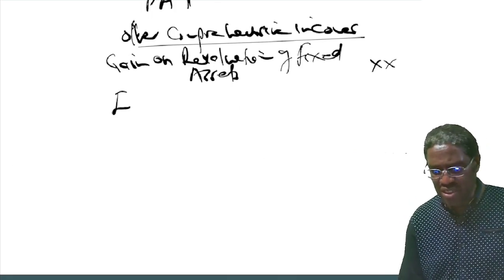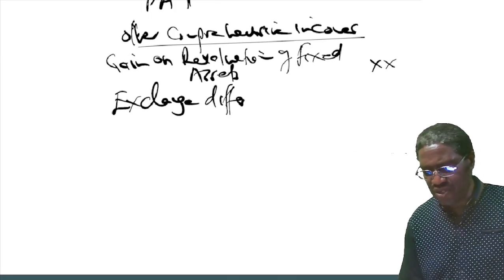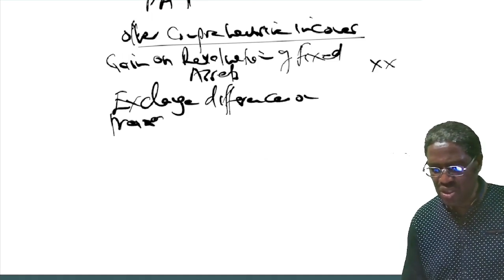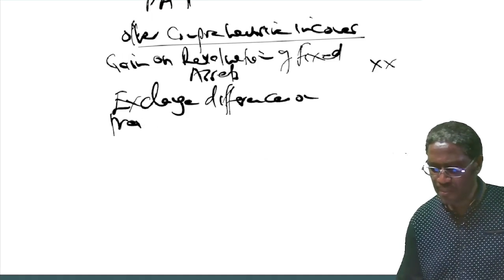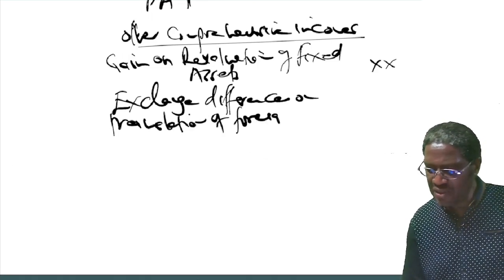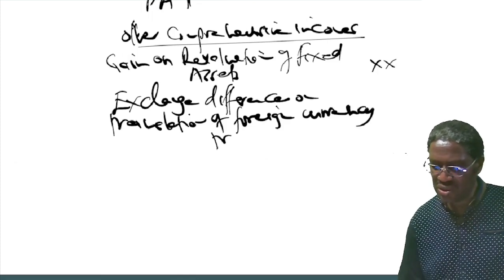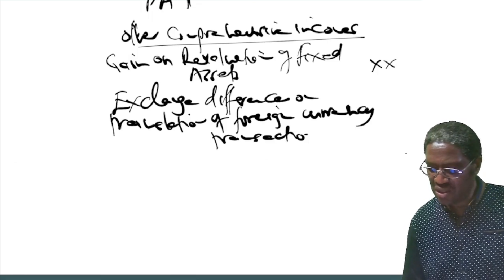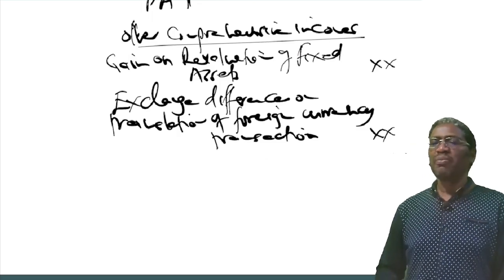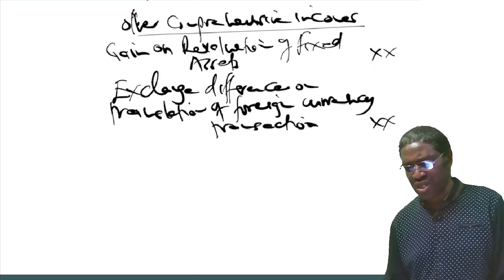So maybe I can list another example here, which is what we are calling exchange difference on translation of foreign currency transactions. That's another example of other comprehensive income. For now, let me assume those are the only ones.